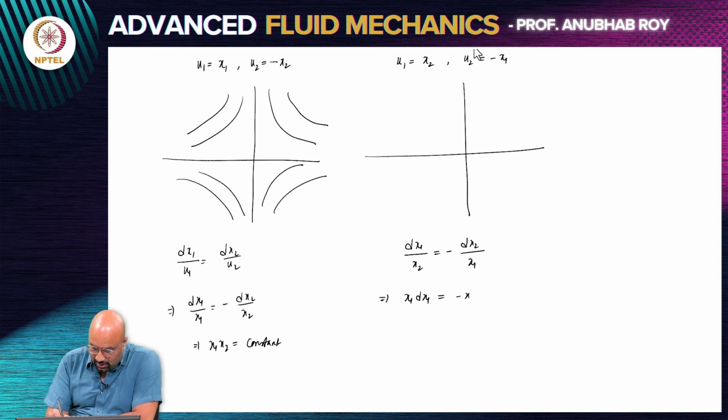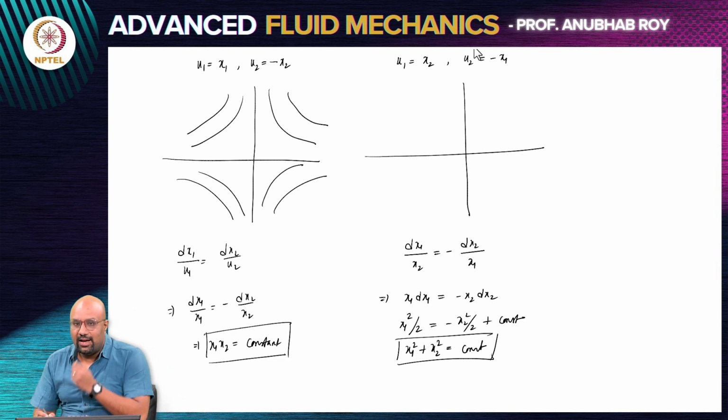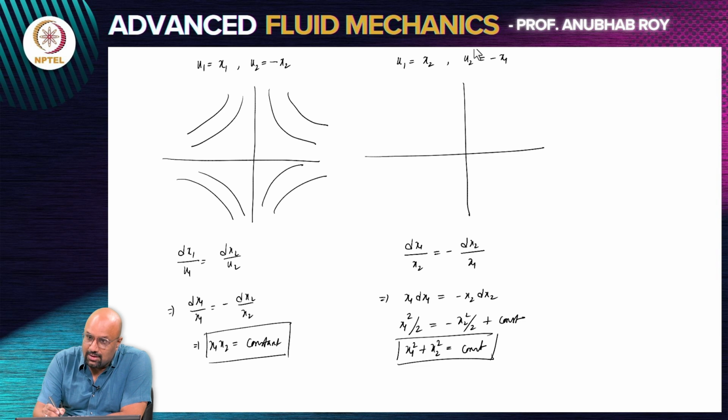If we write this out and integrate, I have x1 squared by 2 is equal to minus x2 squared by 2 plus some constant, which tells us that x1 squared plus x2 squared is a constant. So now we have a family of streamlines which are concentric circles.